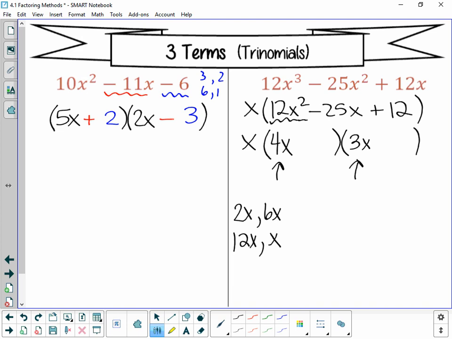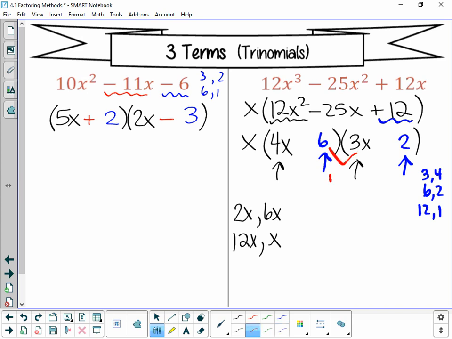For the end of each of those factors, those have to combine or multiply to give us that 12. So it could be, again, a 3 and a 4, it could be a 6 and a 2, could be a 12 and a 1. Let's try the 6 and the 2 first. Maybe the 6 goes here and the 2 goes here.